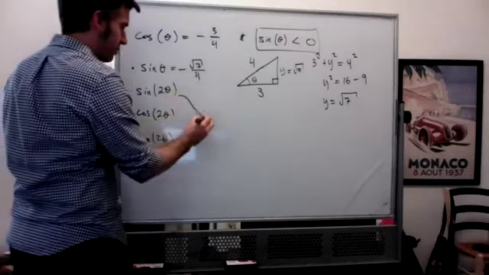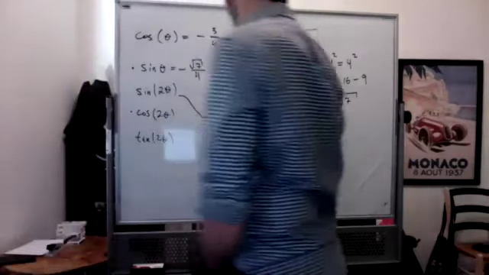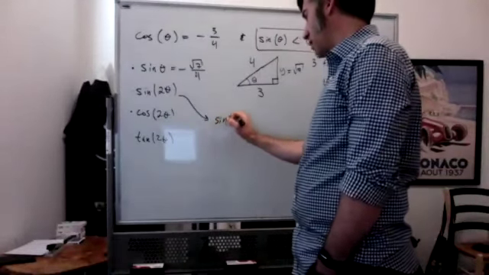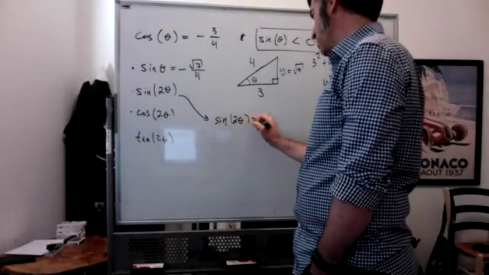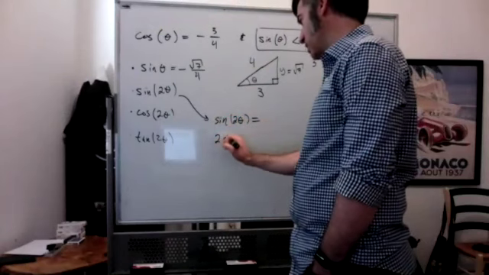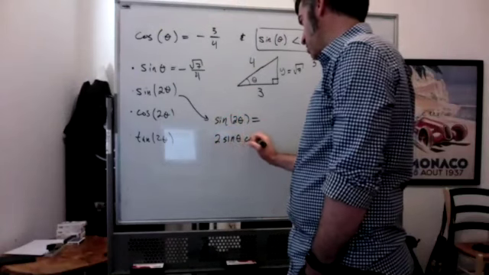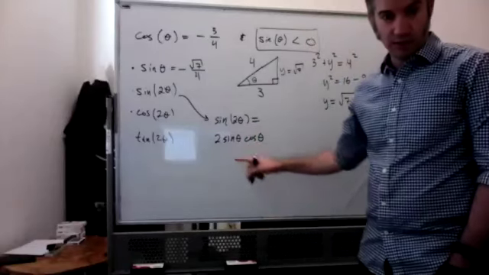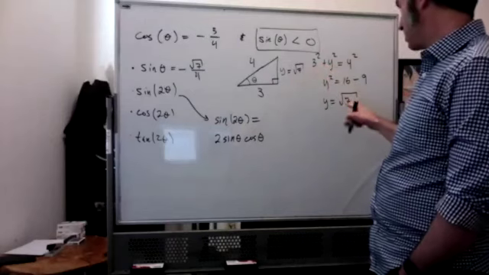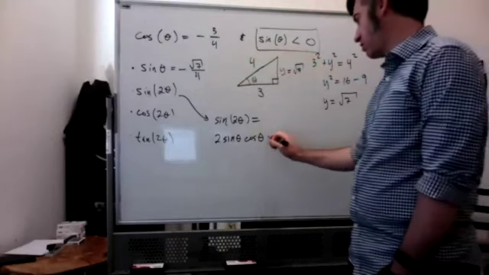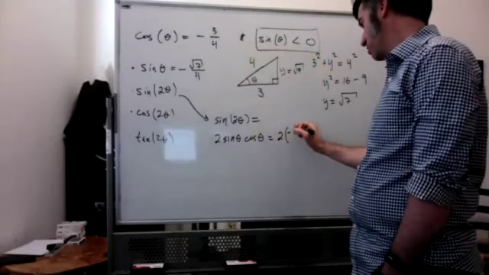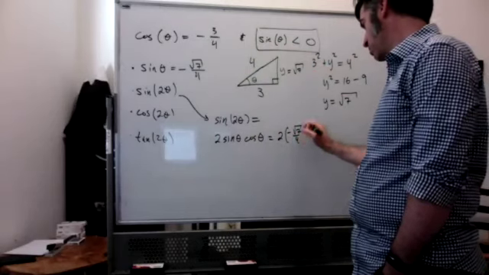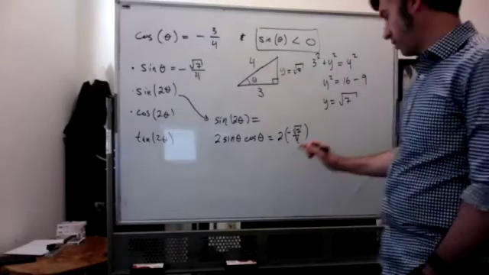To find sine of 2 theta, we have to remember that sine of 2 theta is equal to 2 sine theta cosine theta. We know that sine of theta is -root 7 over 4, and cosine theta is -3 over 4.